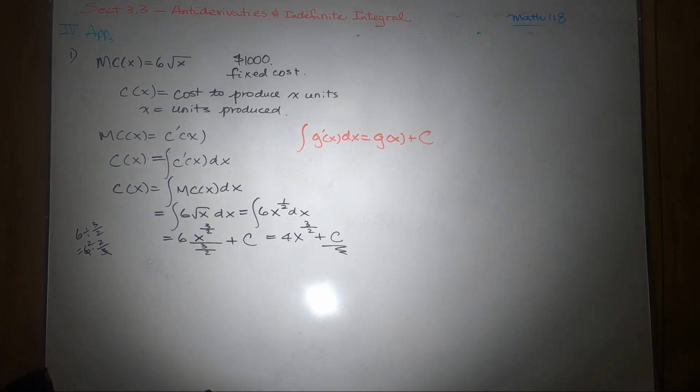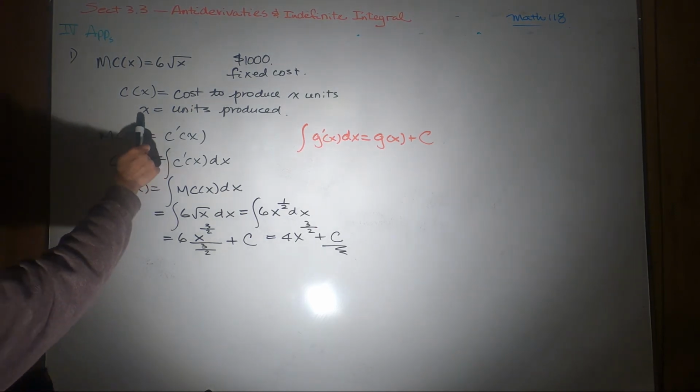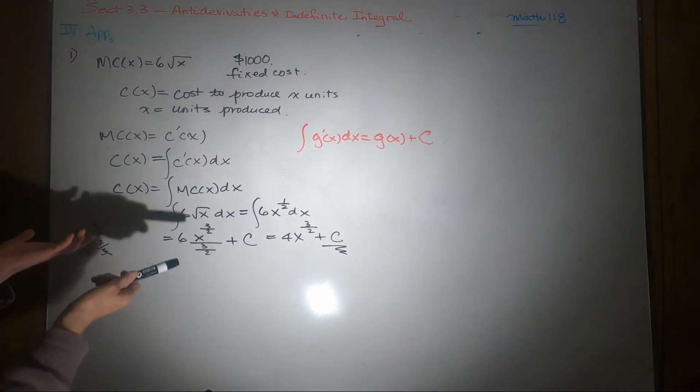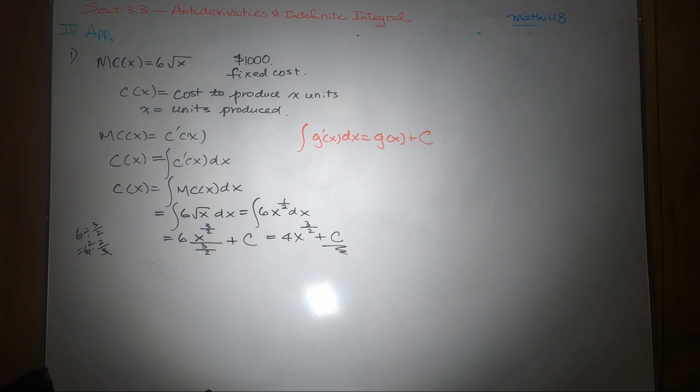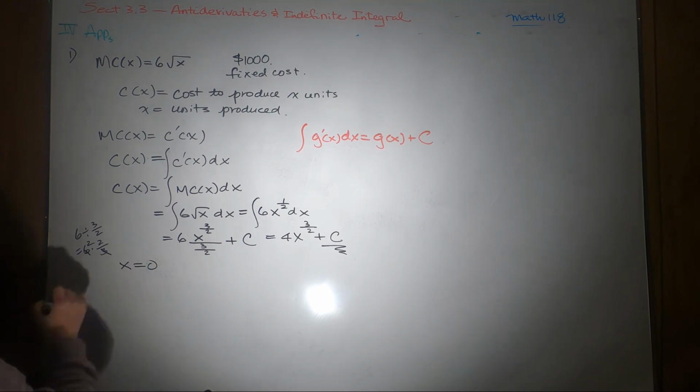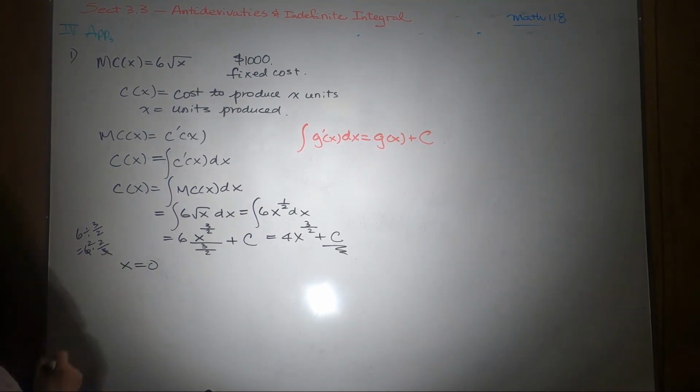Fixed cost means that no matter how many units you produce, it will cost you that much, $1,000. Say the setup or the rental, something like that, right? So it means even if you produce 0 items.